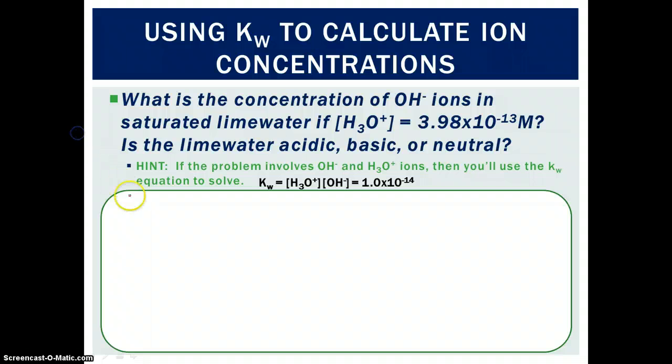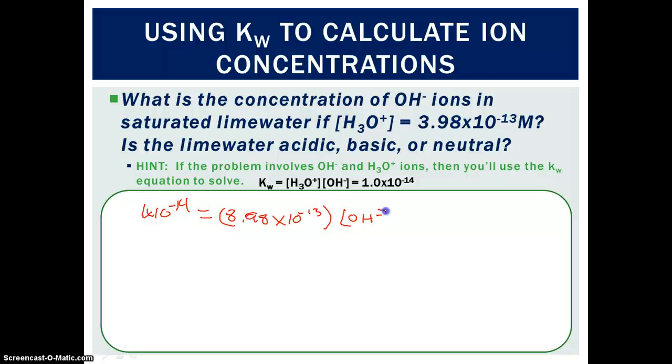So we know KW is 1 times 10 to the negative 14, equal to the hydronium ion concentration, which is given, times the hydroxide ion concentration.